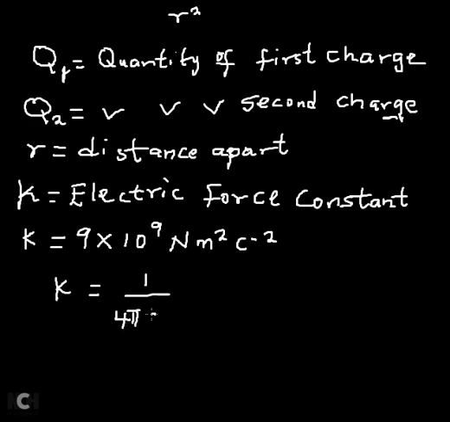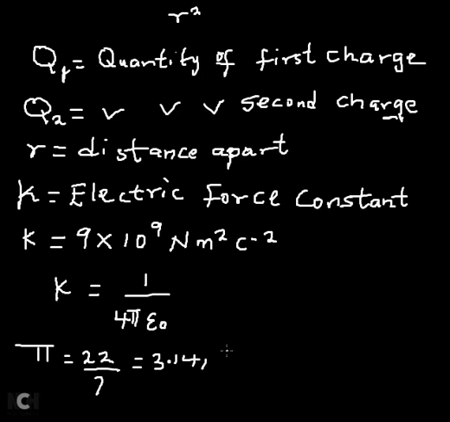4 pi epsilon 0, or E0. So after putting the values of these particular parameters, and all of them are constants, they give the constant K to be equal to 9 times 10 raised to the power of 9. Then of course you can try it. You know very well that pi is a constant, which is 22 over 7, approximately 3.14.